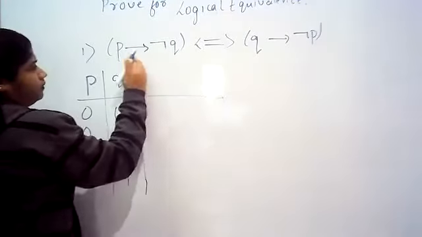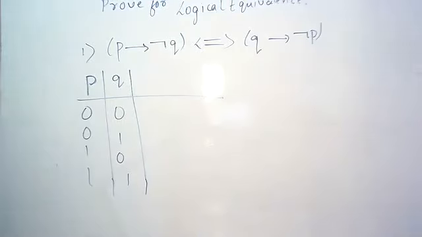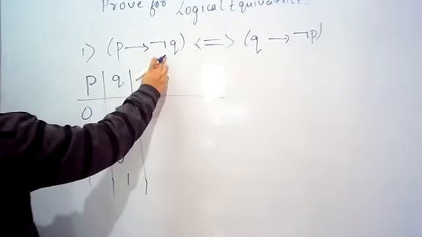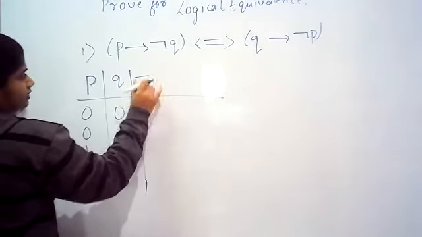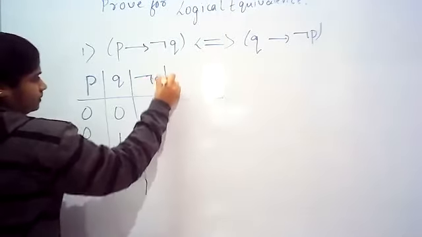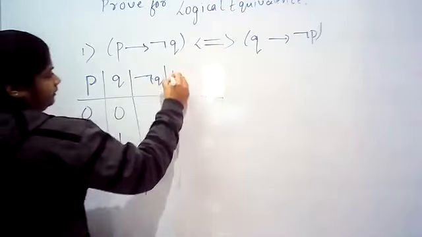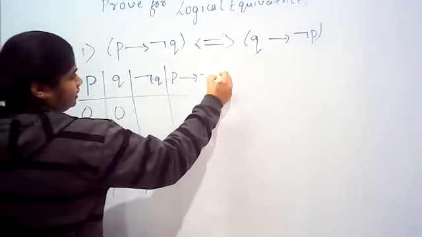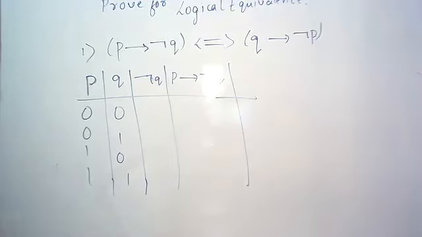LHS is P conditional of negation Q. What do we require? Negation Q. So first I need to solve negation Q. Once I solve negation Q, I will get P conditional of negation Q.